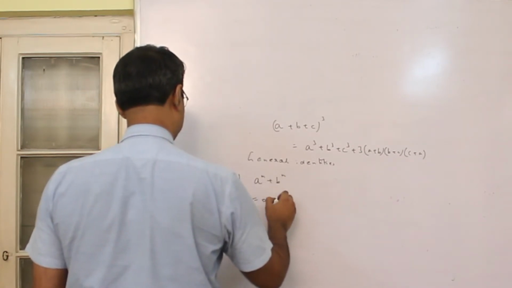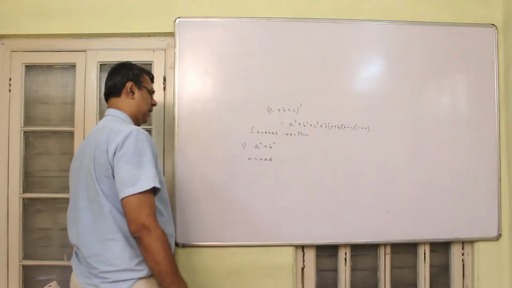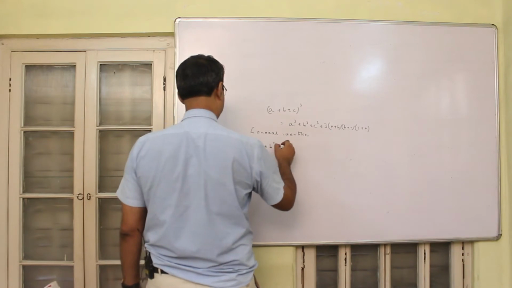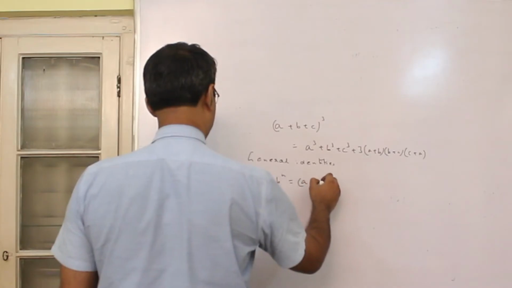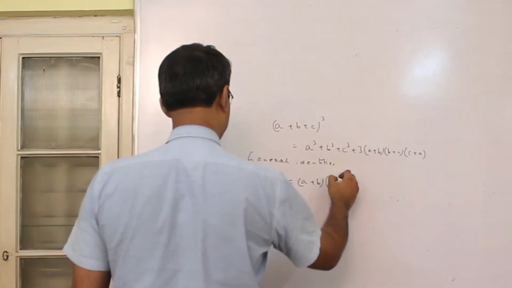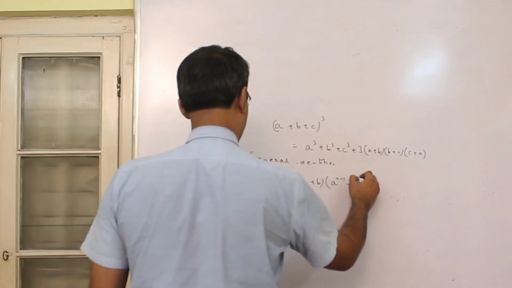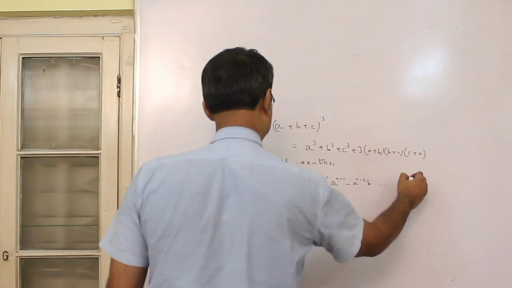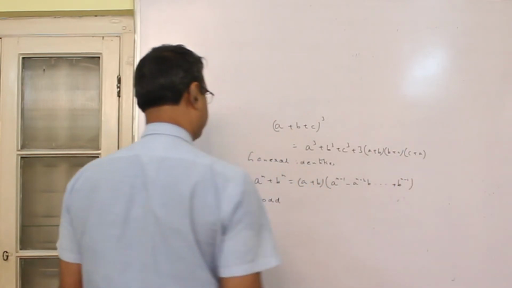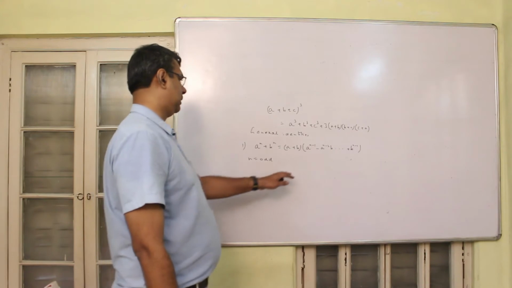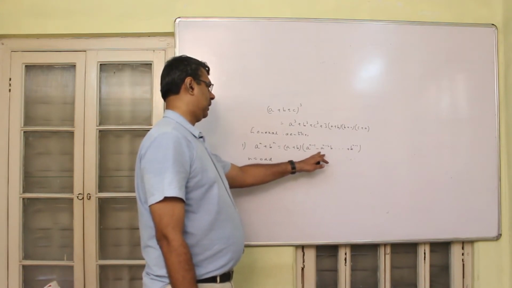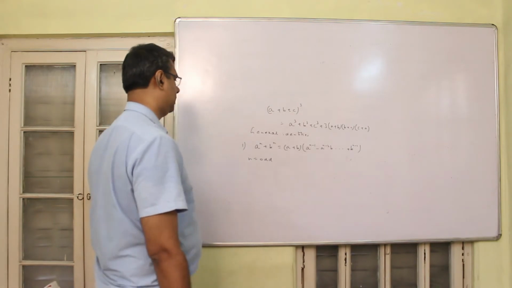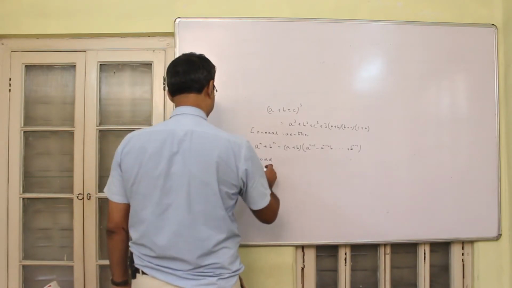Suppose n is an odd natural number, then a to the power n plus b to the power n can be written as (a plus b), and subsequently you write the remaining terms like this: a to the power n minus 1 minus a to the power n minus 2 b, dot dot dot, and the last one is b to the power n minus 1. So this is if n is odd.